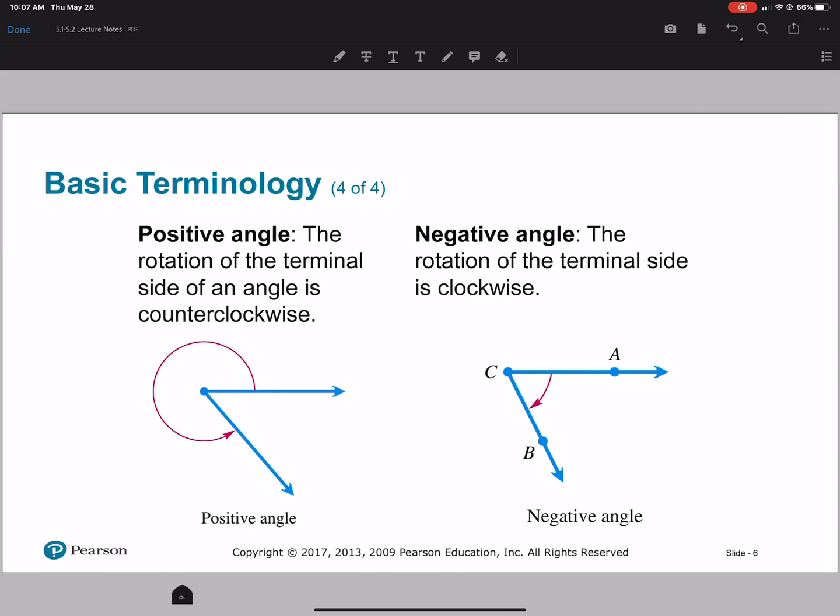Now, to get a positive angle, you have to rotate counterclockwise from your initial side.